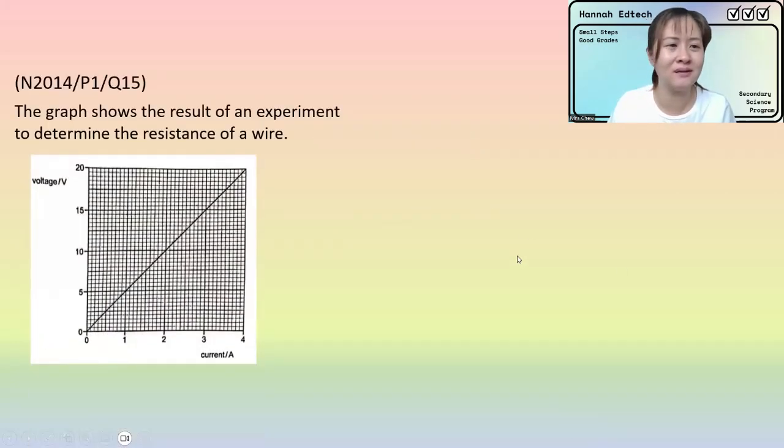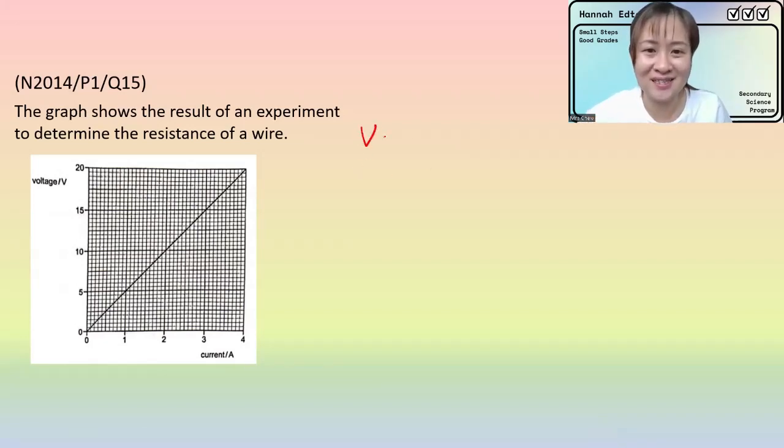So the first one says that the graph shows the result of an experiment to determine the resistance of a wire. So I have voltage and I have current. So what formula comes to your mind? The formula should be V = IR, Ohm's law, right?